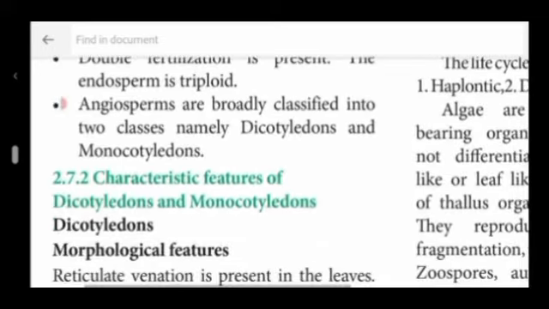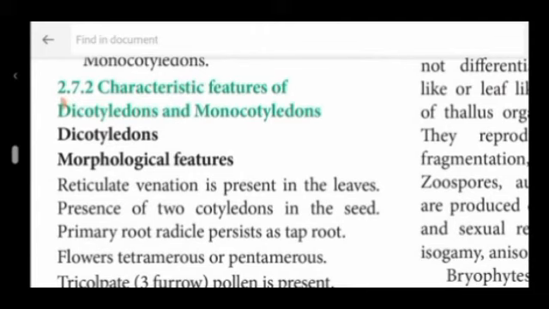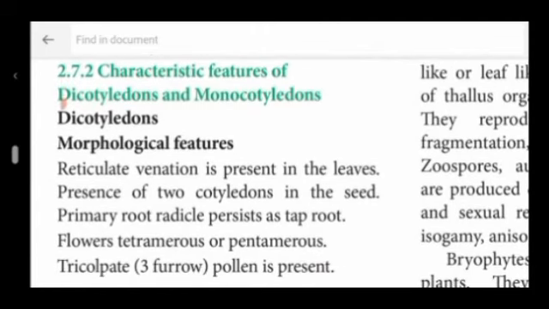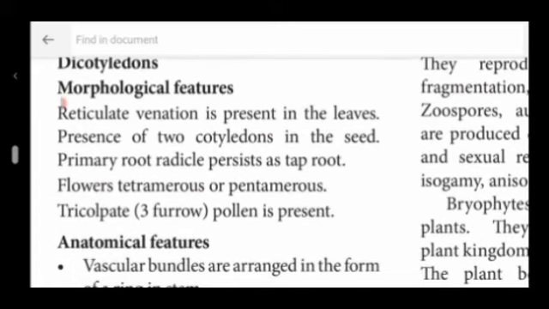The angiosperms are broadly classified into two classes. One is dicotyledons, another one is monocotyledons. So, dicotyledons. The dicotyledons are plants whose seeds contain two cotyledons. Morphological features of the dicotyledons: they show reticulate venation. Venation means the arrangement of veins on the leaf.